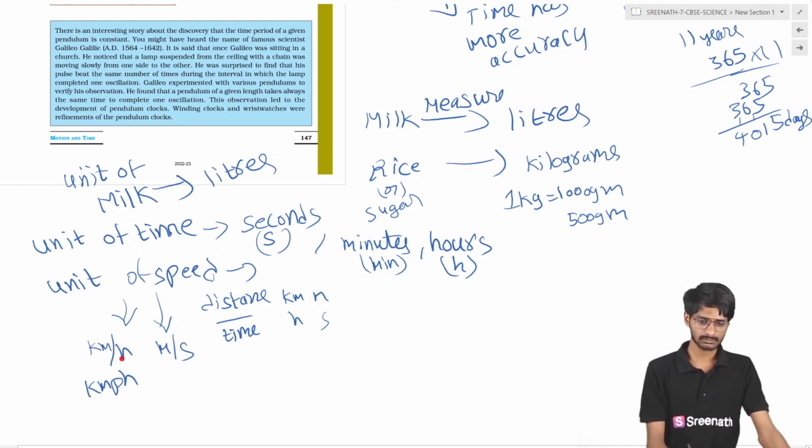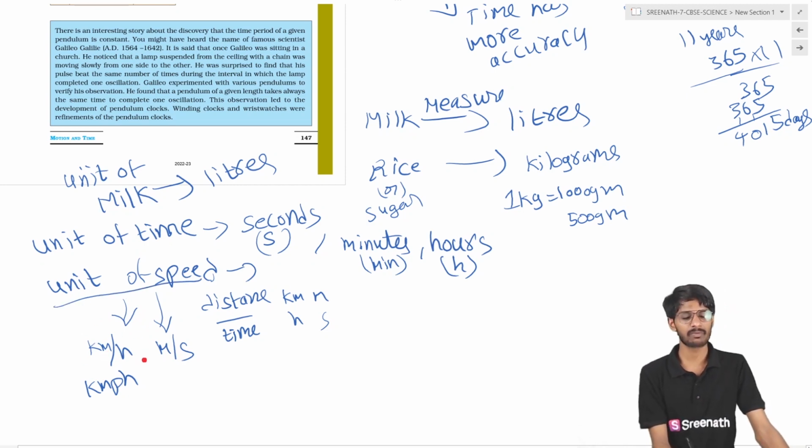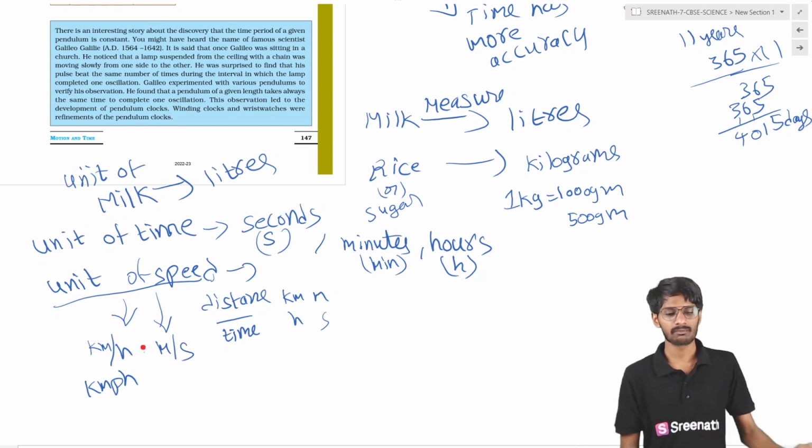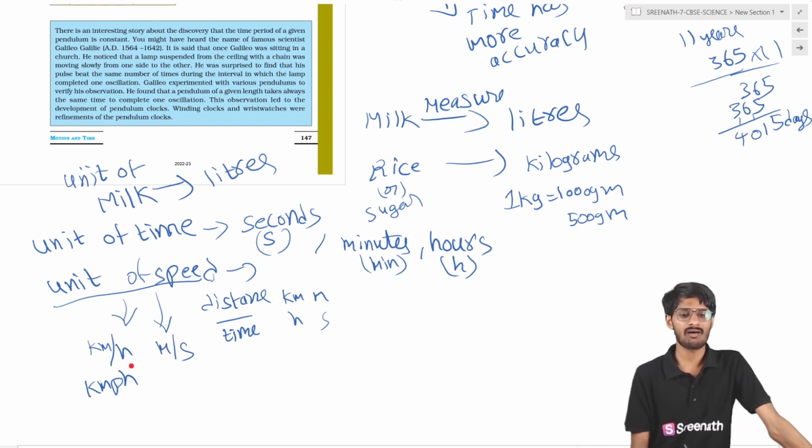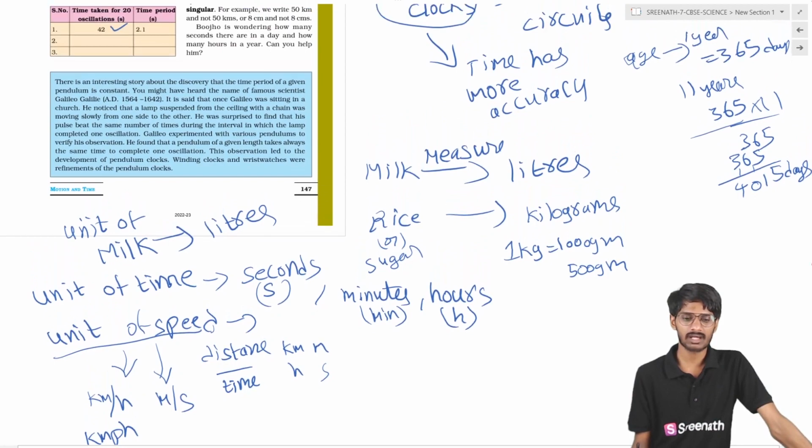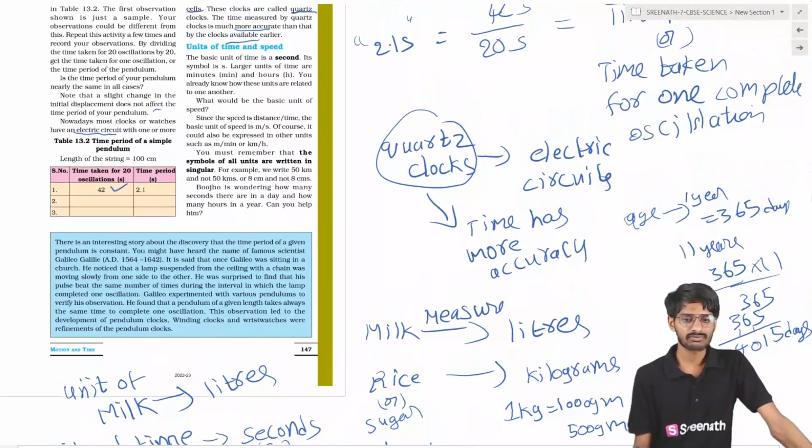Okay, students, in this way these are the units of speed, kilometers divided by hours. We call divided by as per: meters per second, kilometers per hour, like that. So these are the units of speed and units of time, students.